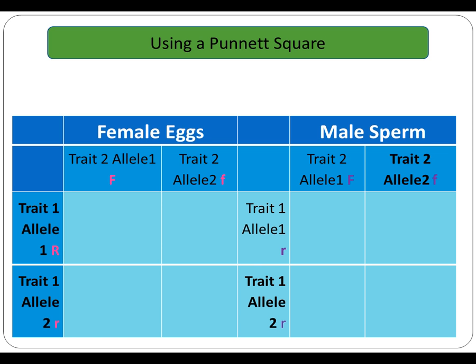And so we're trying to figure out what's the combination between the freckle allele and the tongue rolling ability allele. What would be their combination? So on the female, we're looking at trait 1. We said she's heterozygous for the tongue rolling ability, so one dominant and one recessive. We can move each of these alleles across.